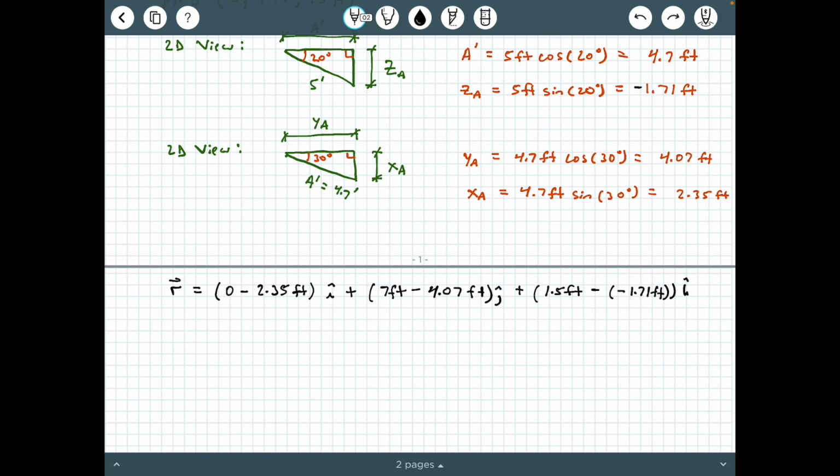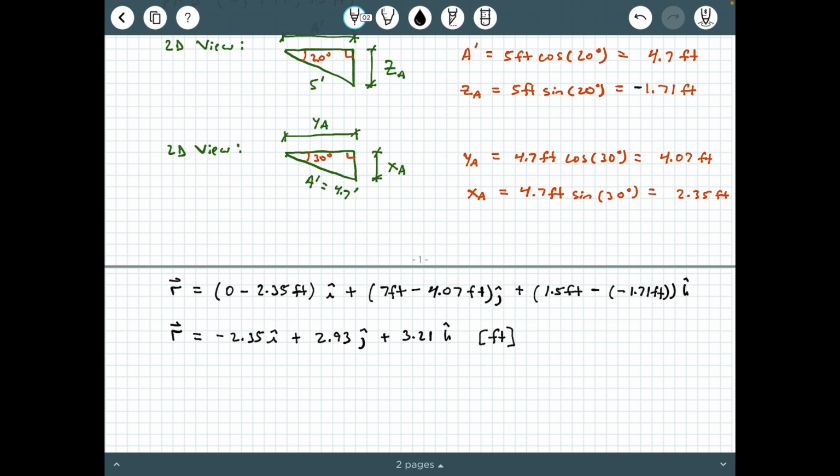So when I start piecing this together, what do I get? Negative 2.35 times I, and then plus 7 minus 4.07 is 2.93 J, and then 1.5, and it becomes plus 1.71, and so that becomes a plus 3.21 K, and collectively we carry units of feet.